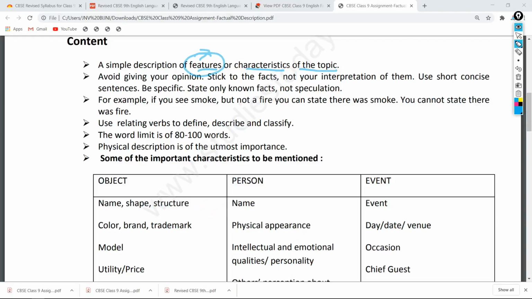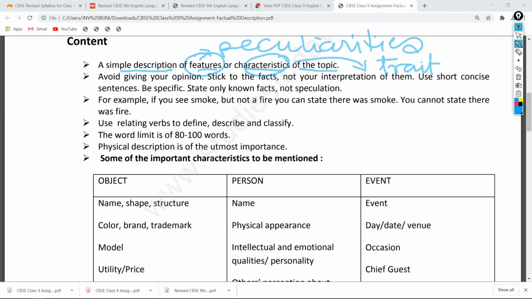Features means the peculiarities, the characteristics or the traits, by which you can recognize them. So it is a simple description of the features or the characteristics of the topic.